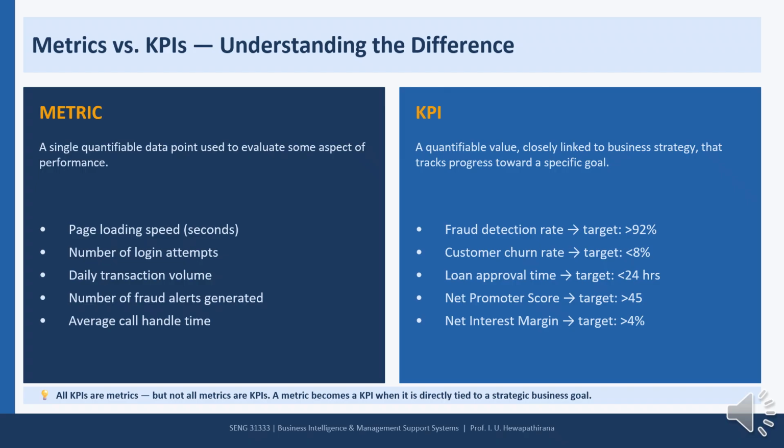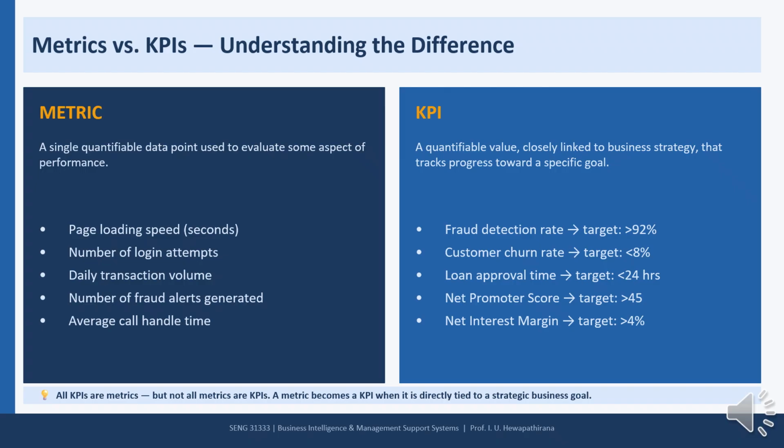Fraud detection rate with a target of greater than 92%, customer churn rate with a target of less than 8%, loan approval time with a target of under 24 hours. Every KPI tells you not just what the current value is, but whether you are succeeding or failing against a defined standard. The relationship between the two is stated at the bottom of this slide.